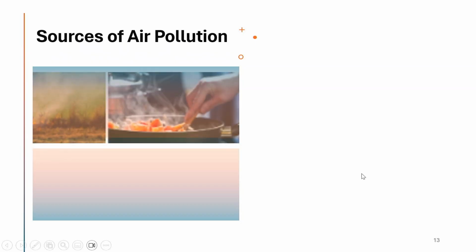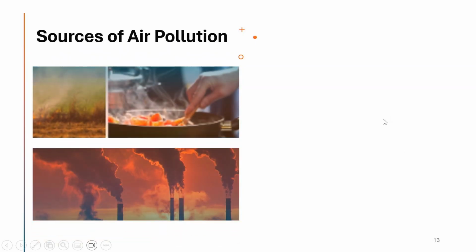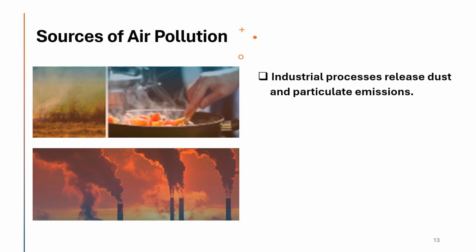Now, what are the sources of air pollution? If we know the sources, we can try to arrest those pollutants at the source. So, let us try to understand the sources of air pollution. One is industrial processes, which release dust and particulate matter, like the cement industry, coal industry, okay, power plants.